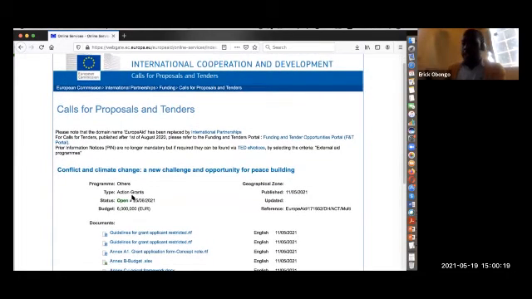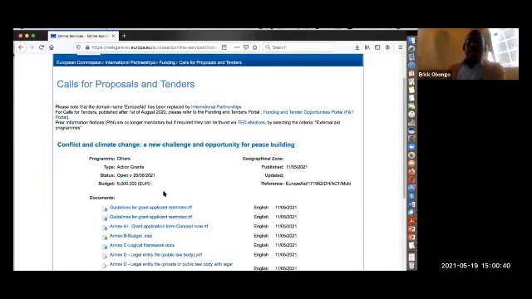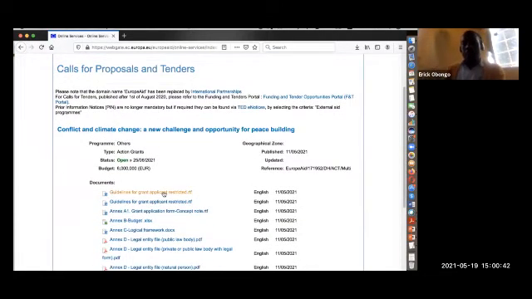The type is a grant action. It is open until 25th of June 2021, and the budget for it is 6 million. It was published on 11th of May 2021, and the reference for it is this.